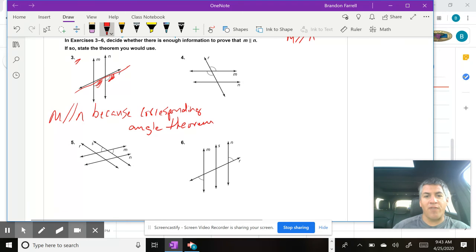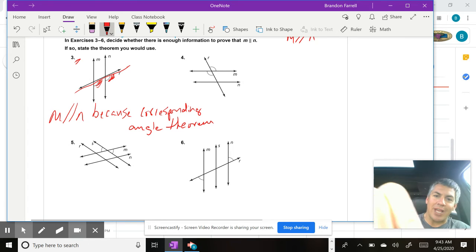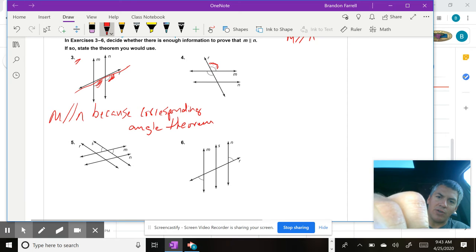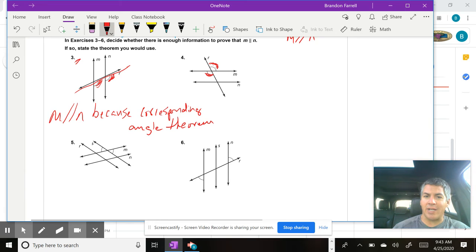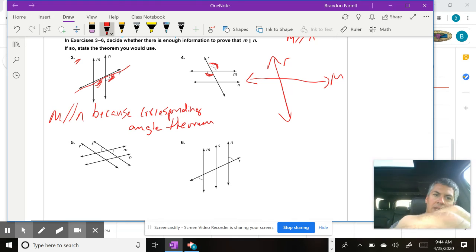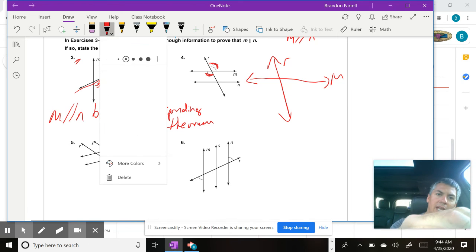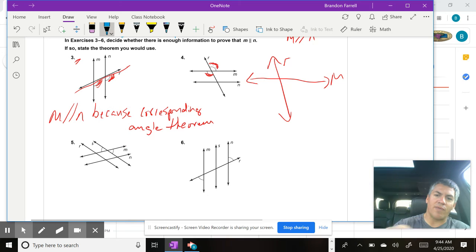In number 4, the angles the diagram is asking you to be congruent, right here and right here, are not formed by a pair of opposite intersections. That's in the same intersection. So if I drew line R, for instance, and just copied that line R, and I just drew M, I would then be able to duplicate what angles it's referring to. That's referring to this angle and this angle.